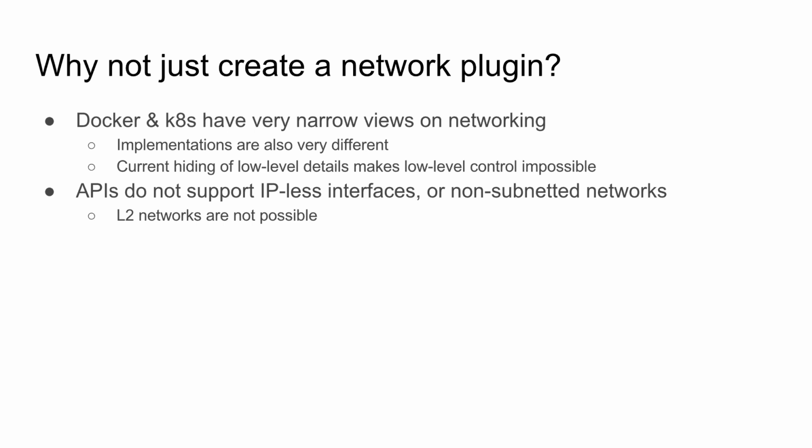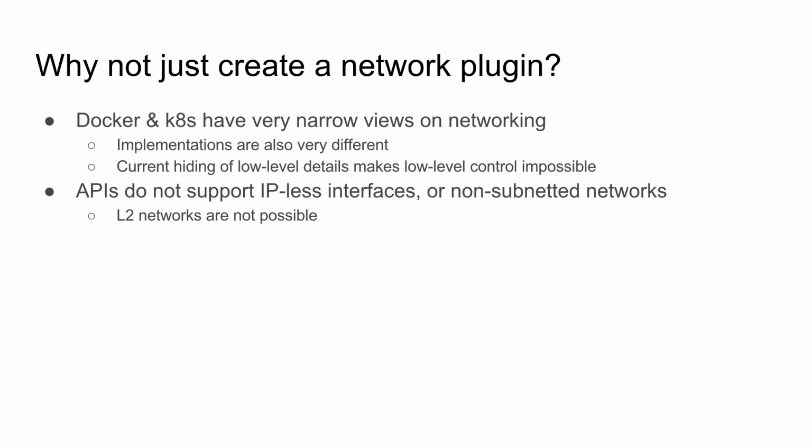I was just looking: can Docker or Kubernetes do this on their own? Basically they can't. They can do layer 3 fairly well. Docker Swarm in particular has very good support for layer 3 networking and completely separate networks.